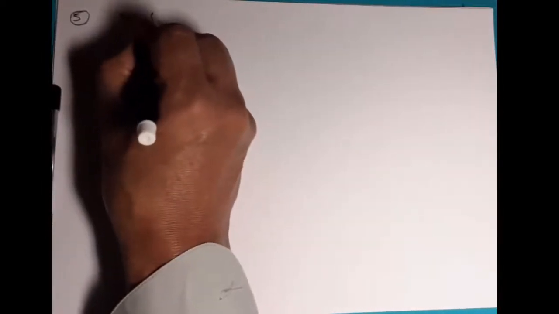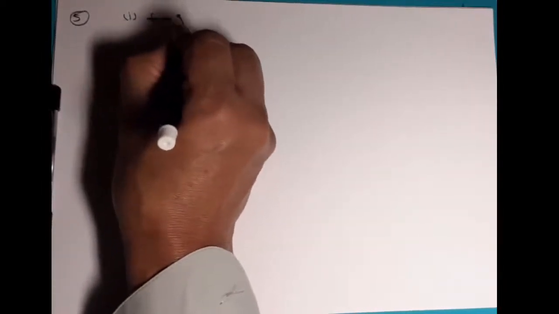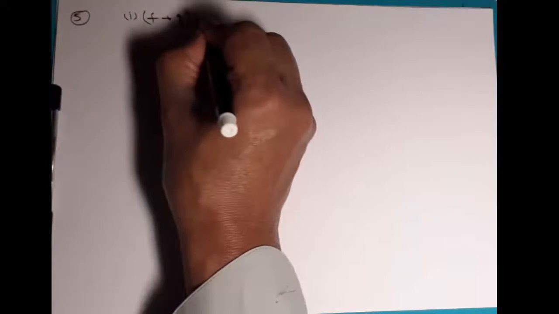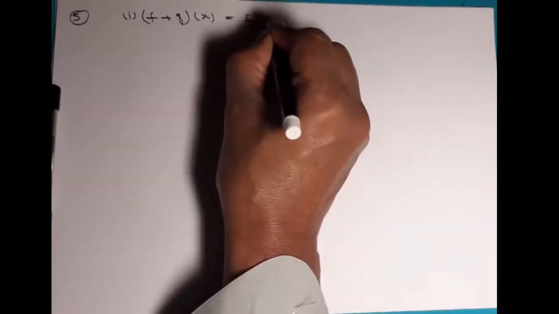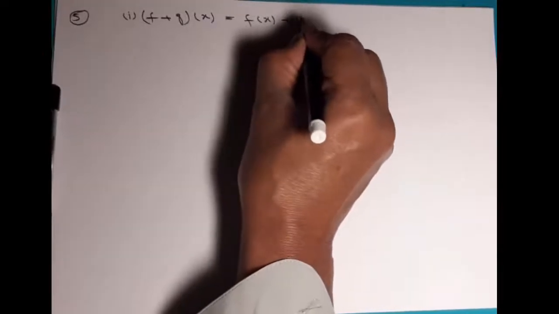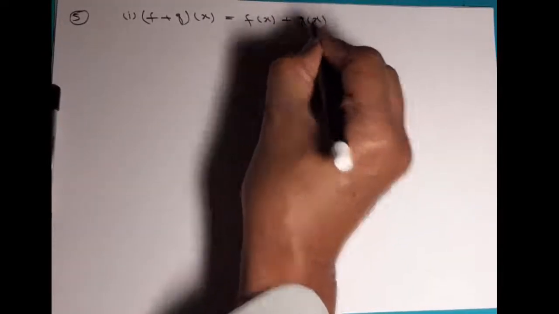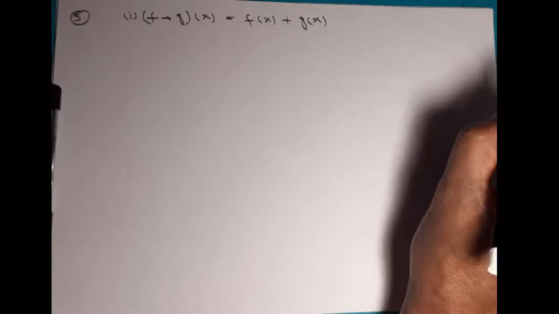Now let's see that the conditions hold. The first condition is: if we take two endomorphisms f and g, add them and apply them to an element x, this will be equal to fx plus gx, because we have defined addition as pointwise. So this is the first condition.